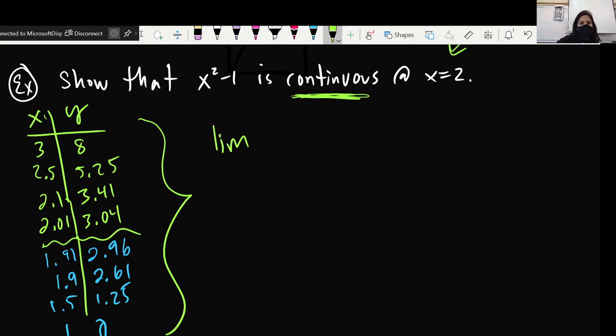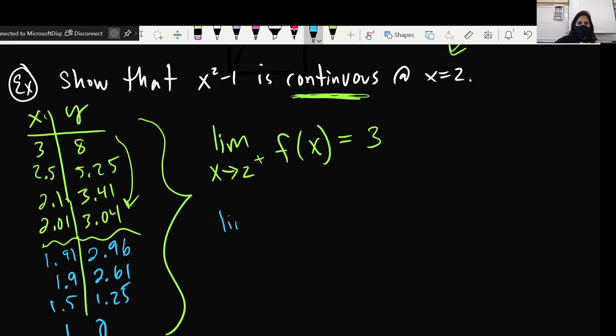So the limit as x approaches 2 from the positive side. Remember this notation from last day? For f of x equals, if we're looking for where it's approaching from the positive side, we can see the pattern of behavior. You see that it's approaching a value of 3. Make sense? When we're looking at the pattern going this way.